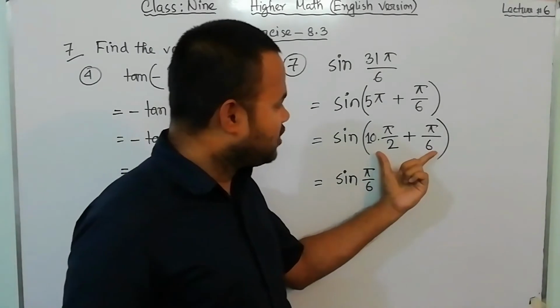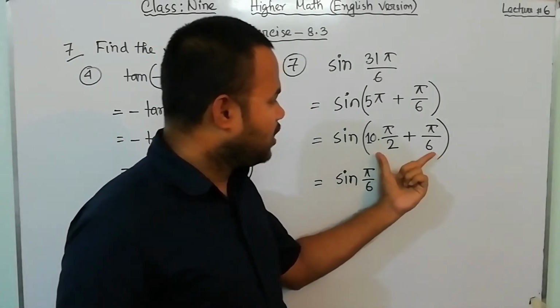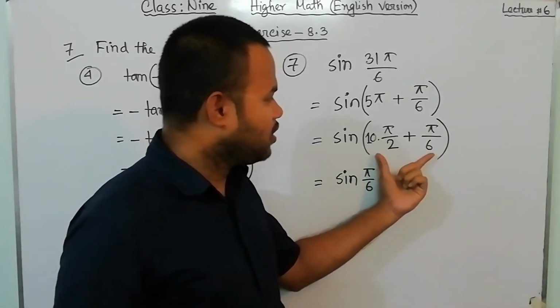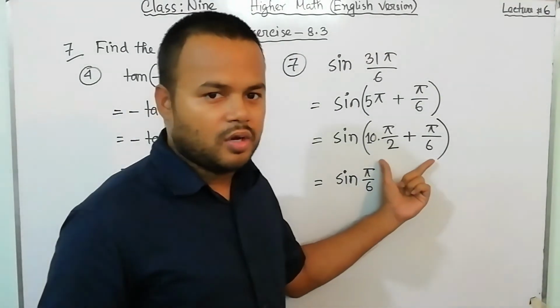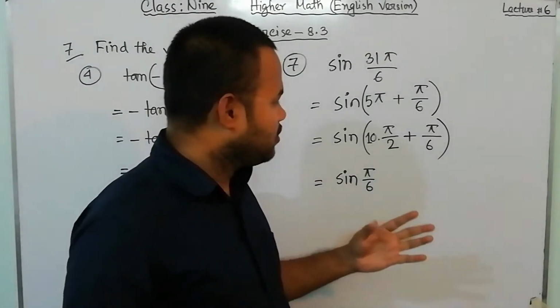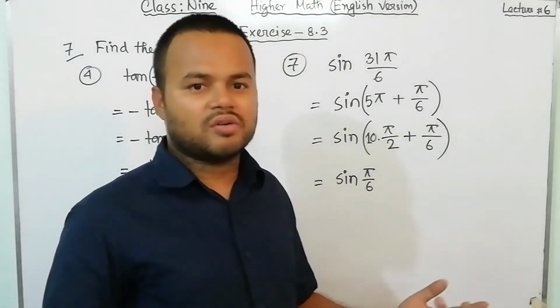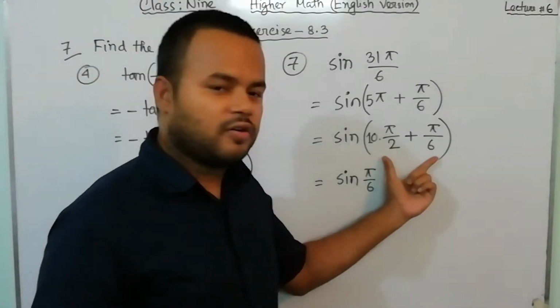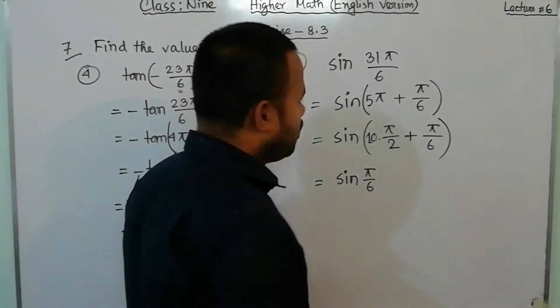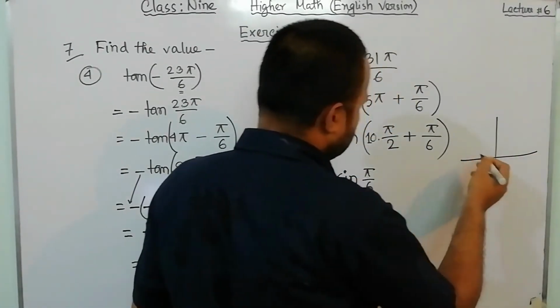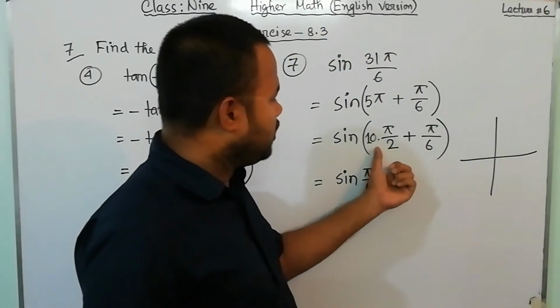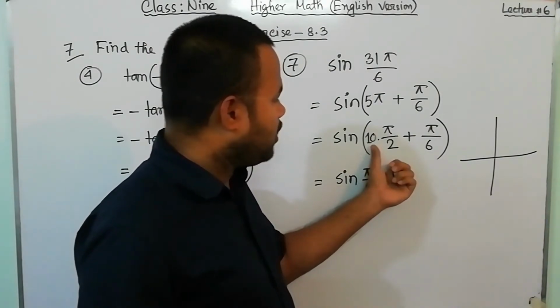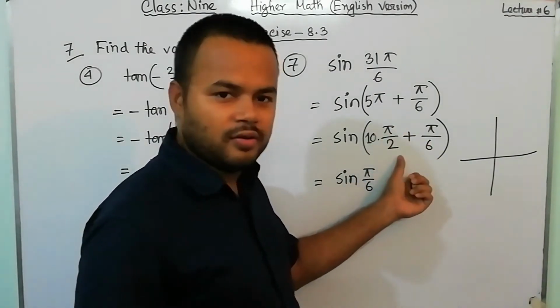Now we have to determine the quadrant of this angle, whether it is in first quadrant or second quadrant or third quadrant or fourth quadrant. If we determine this, then here we have 10 times 90.